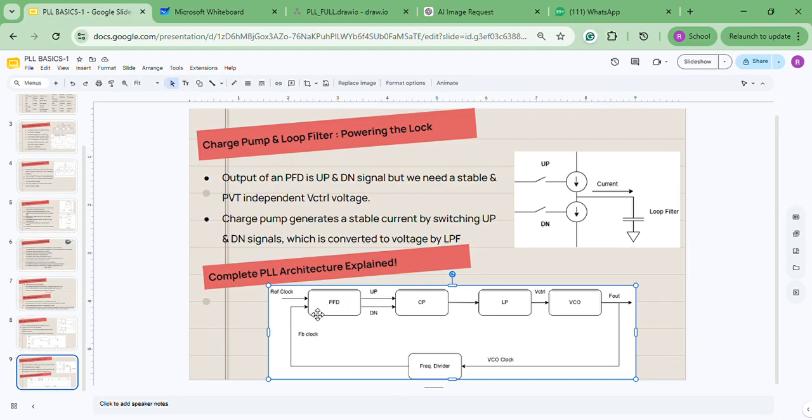So this whole loop functions in order to get a clean and stable control voltage to generate our output. And this can be tuned based on our requirement. This control voltage is always a tunable thing, which is what makes PLL different from normal oscillators, where we don't have control.